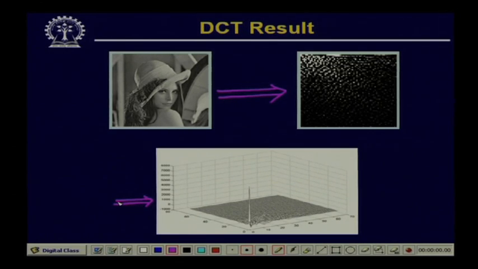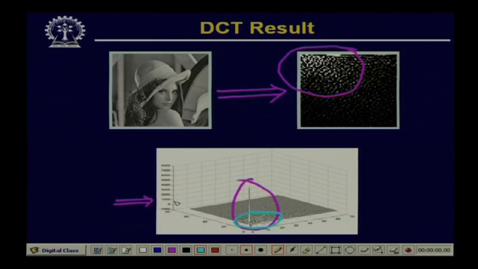Now, if you closely look at these output coefficients, you find that in case of discrete cosine transformation, the energy of the coefficients is concentrated mostly in a particular region where the coefficients are near the origin, that is 0 0, which is more visible in the case of a 3 dimensional plot. So, in this particular case the energy is concentrated in a small region in the coefficient space near about the 0 0 coefficients.